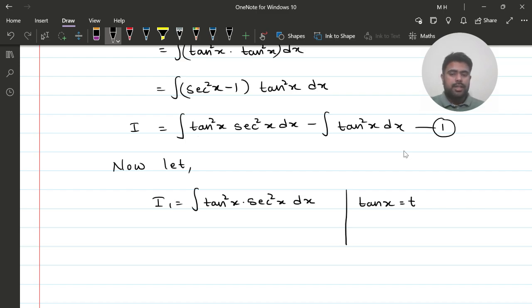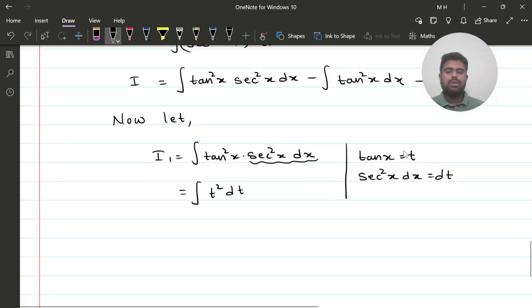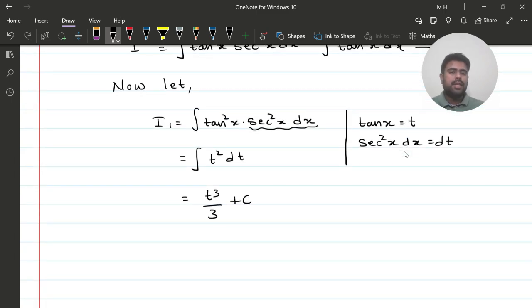Then sec square x into dx would be dt. So tan square x would be t square, and sec square x into dx would be dt. What is the integral of t square? T cubed by 3 plus c. What is t cubed? T is tan x.